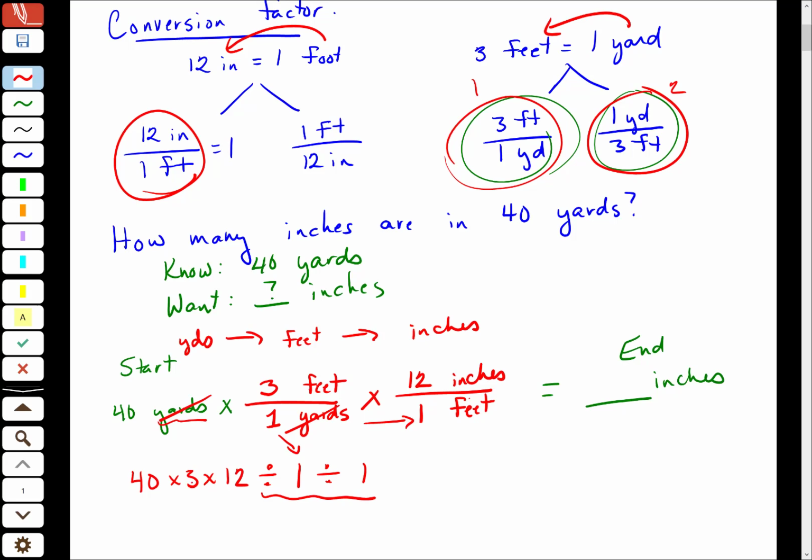Okay, 40 times 3 is 120, sorry. And then times 12 again should be, I think, 1,440. Let's check that on my calculator.